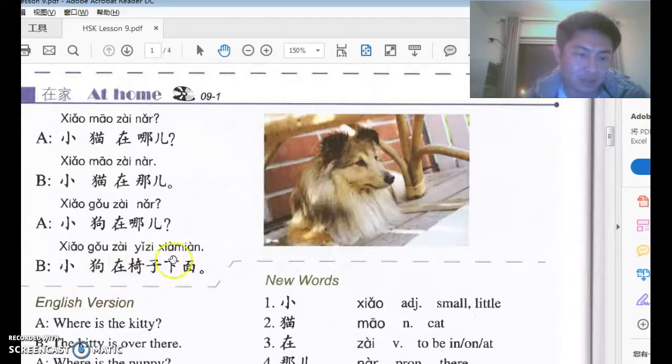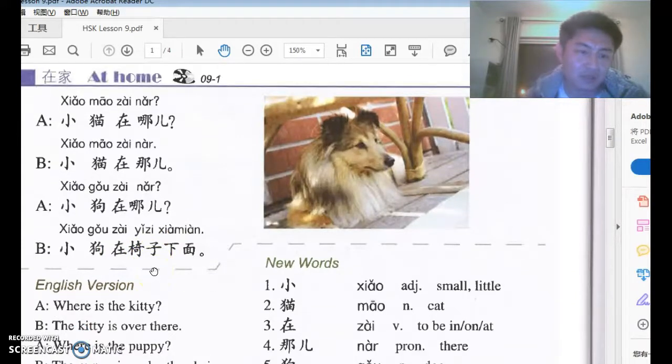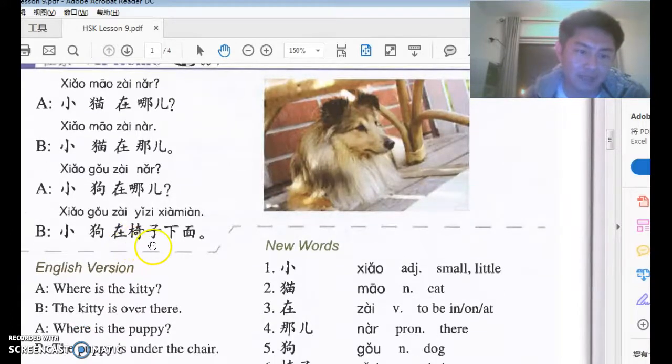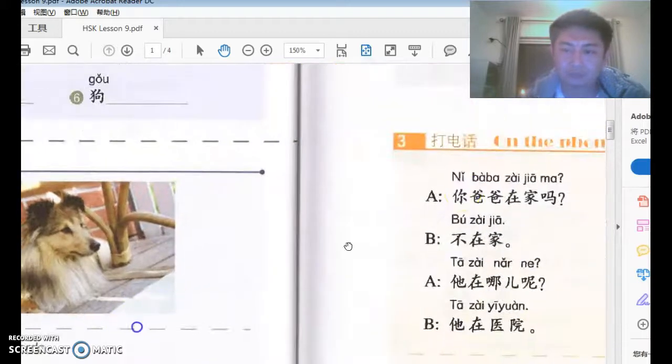So this structure expresses the exact position of something in reference to something else. Just like on the table, below the table. Below is the position, and the word table is the reference, right? So 小狗在椅子下面, little dog at chair below, under the chair.